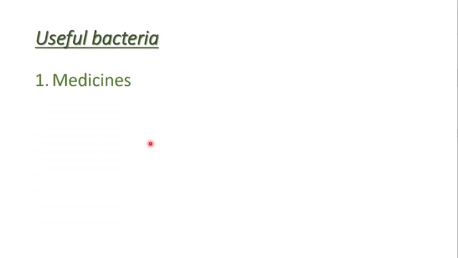Alright, next are the useful bacteria. First is medicine. We all know there are antibiotics, and antibiotics are medicines that destroy the germs in the body. Some types of bacteria are used in the manufacture of antibiotics, such as streptomycin.